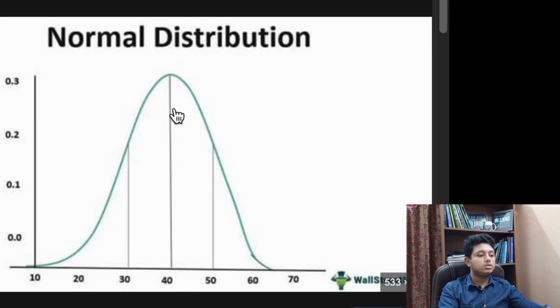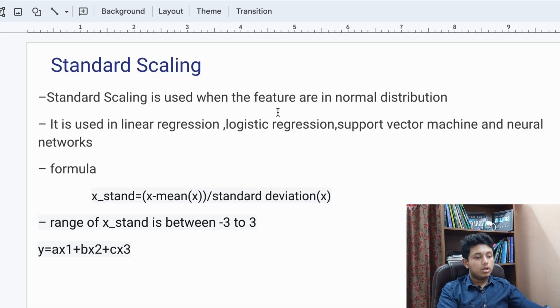This is what a normal distribution graph looks like. Most of the data points lie here, and symmetrically it reduces at the extreme ends. This is called normal distribution. We use it in linear regression, logistic regression, support vector machine, and neural networks.